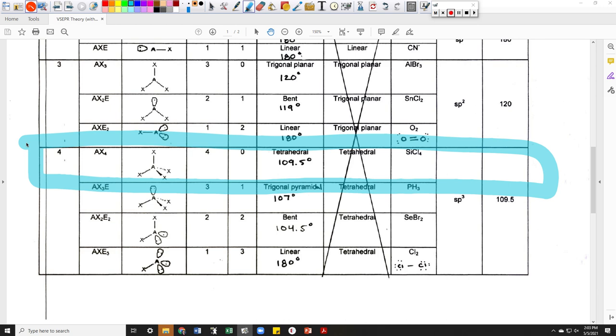What is the name of that shape? Tetrahedral. Write that down. And the way you know that is that every AB4 molecule is tetrahedral. What is the bond angle of this shape? 109.5. Write that down.